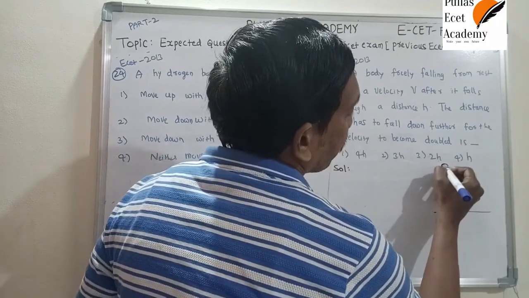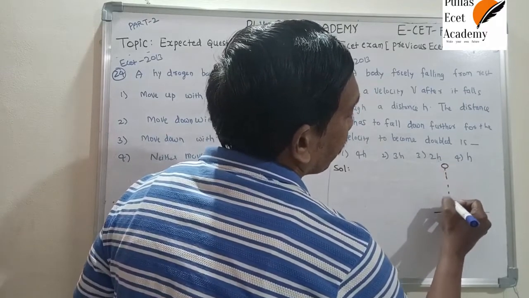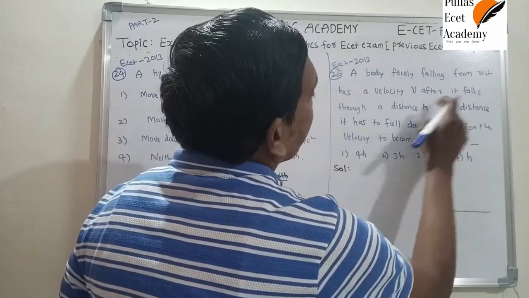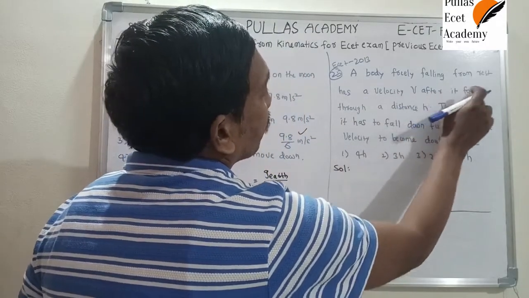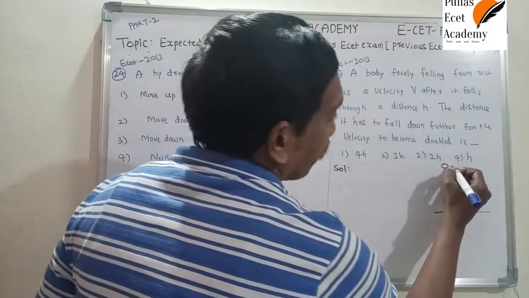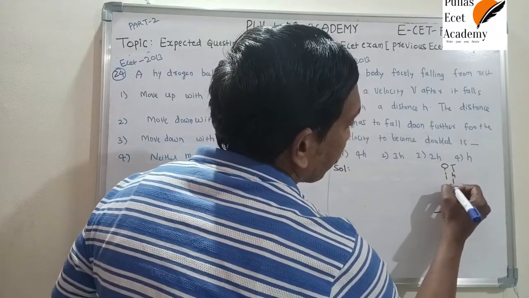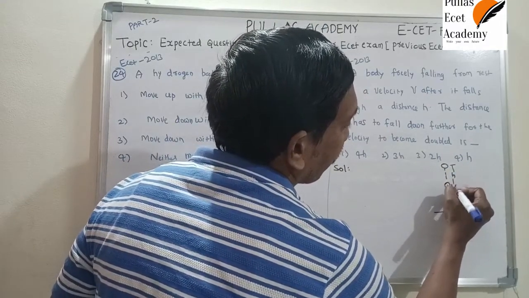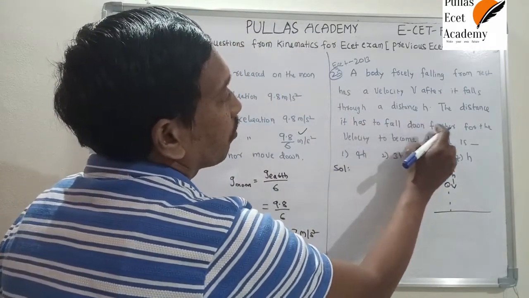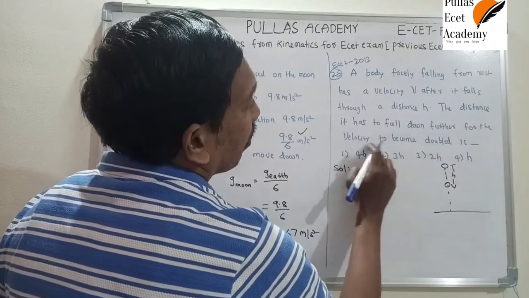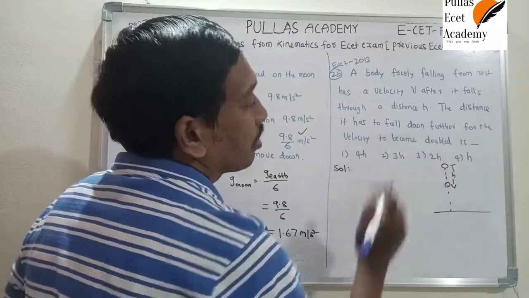For example, it is dropped from a certain height, and it has velocity v after it falls through a distance h. For example, it traveled h distance and comes to here with velocity v. The distance it has to fall down further for the velocity to become doubled.